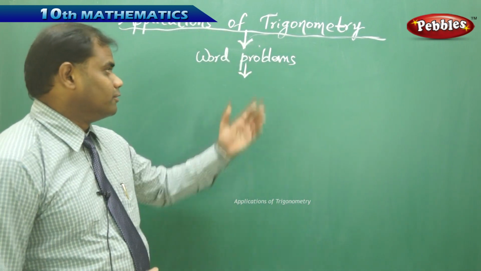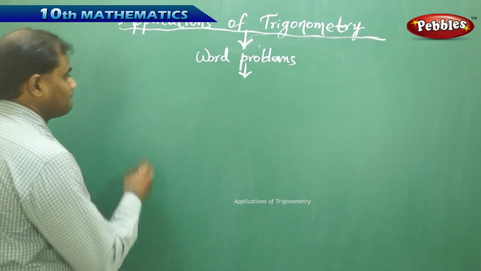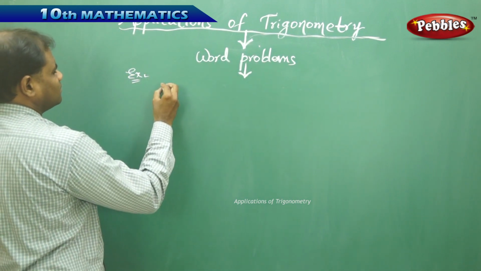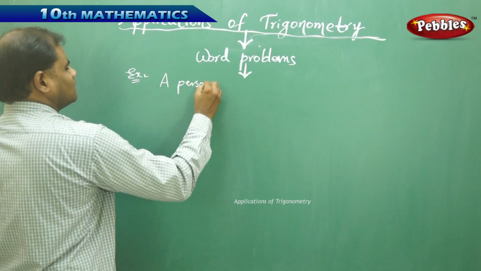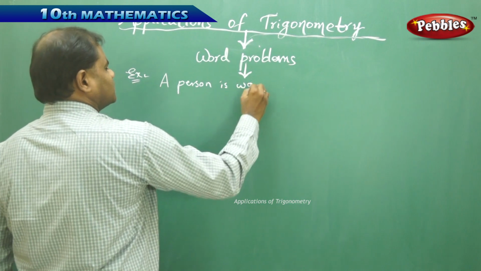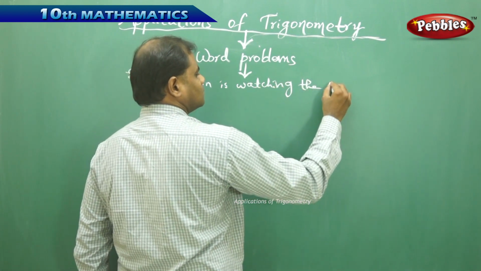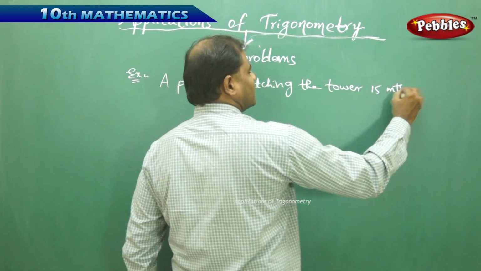One of the word problems which we're going to discuss as an example topic. To start with, let me have a question where a person is watching the tower 15 meters away.